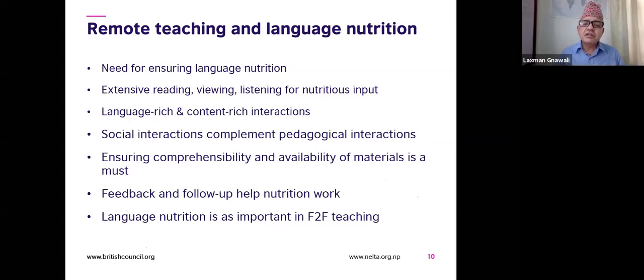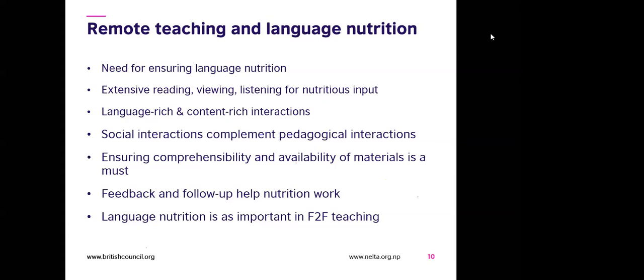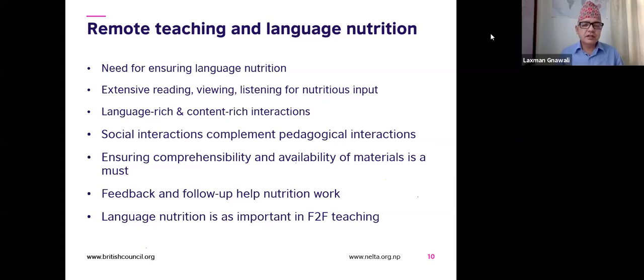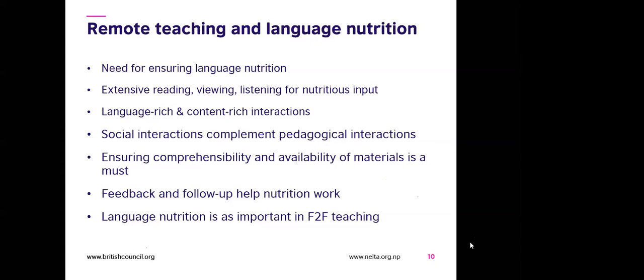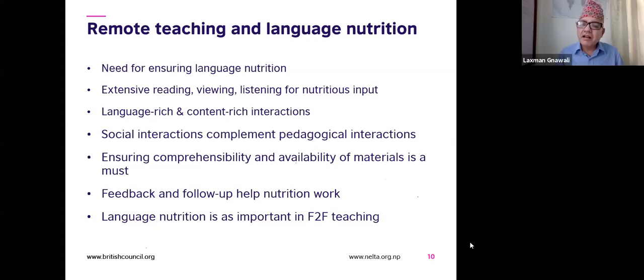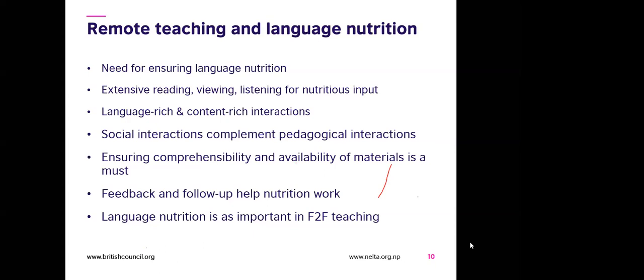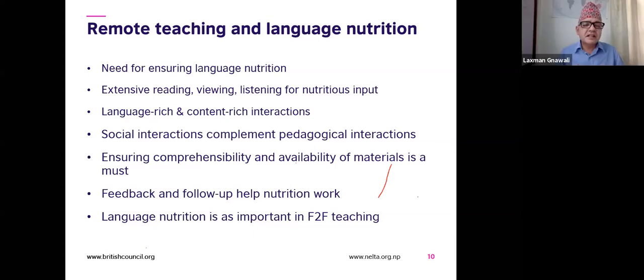So how does the language nutrition come to the remotely taught learners? One, we should give to the learners extensive reading, extensive listening and extensive viewing, so they can read a lot of texts, several texts that are understandable and interesting for them, and presented in abundance.